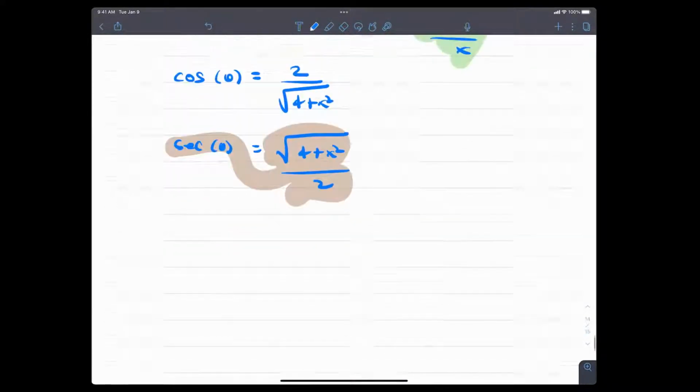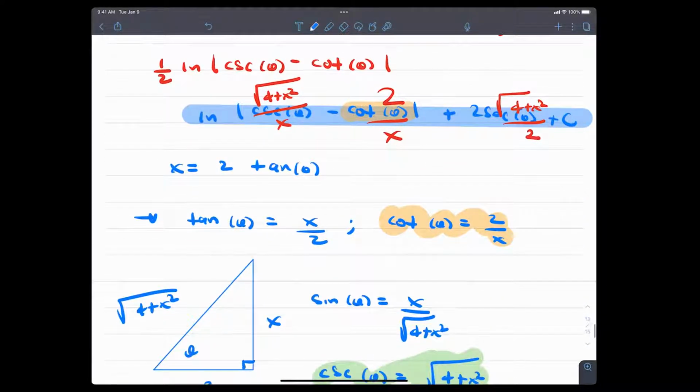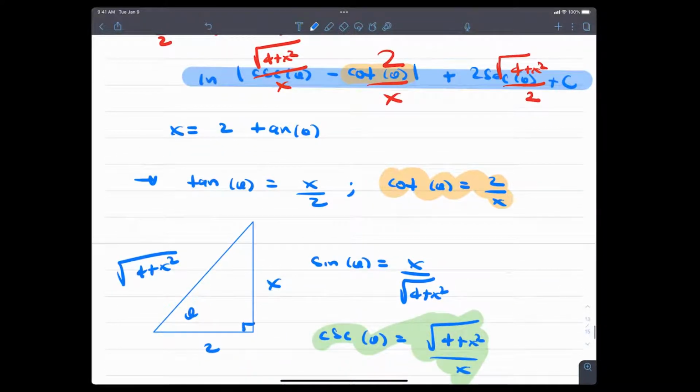Anyway, double check here. Yeah, we put the 2 in, right? And the 2 canceled.